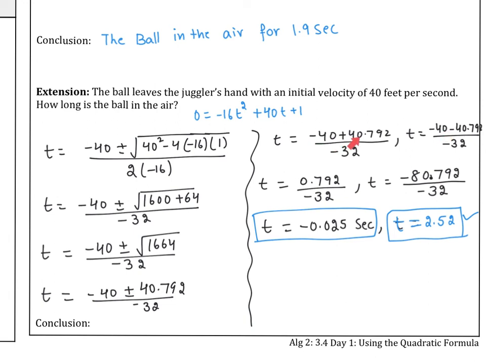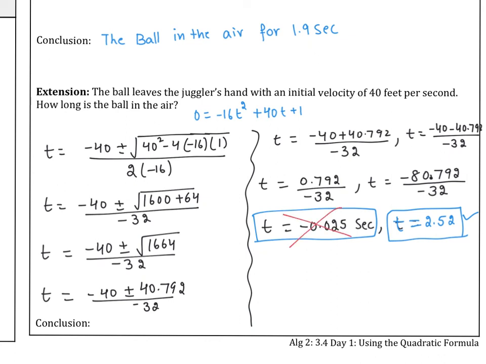You're going to have two answers, one with the plus sign and the other with the negative sign. Negative 40 plus 40.792 is 0.792 divided by negative 32. When you put it in the calculator, 0.792 divided by 32 gives you 0.025. Remember, this is negative, so keep the negative sign. Since time cannot be negative, you're not going to take this answer, so cross it out.